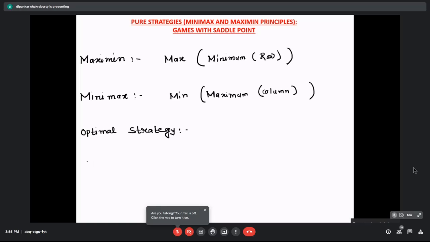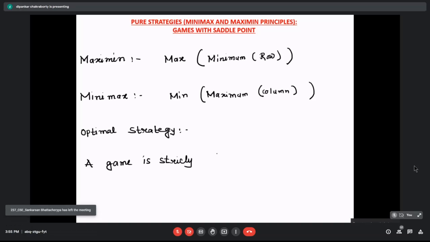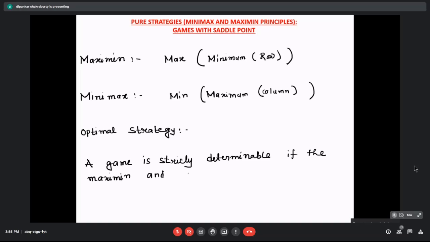Now the very important thing is that a game is strictly determinable if the maximin and minimax values of the game are equal.